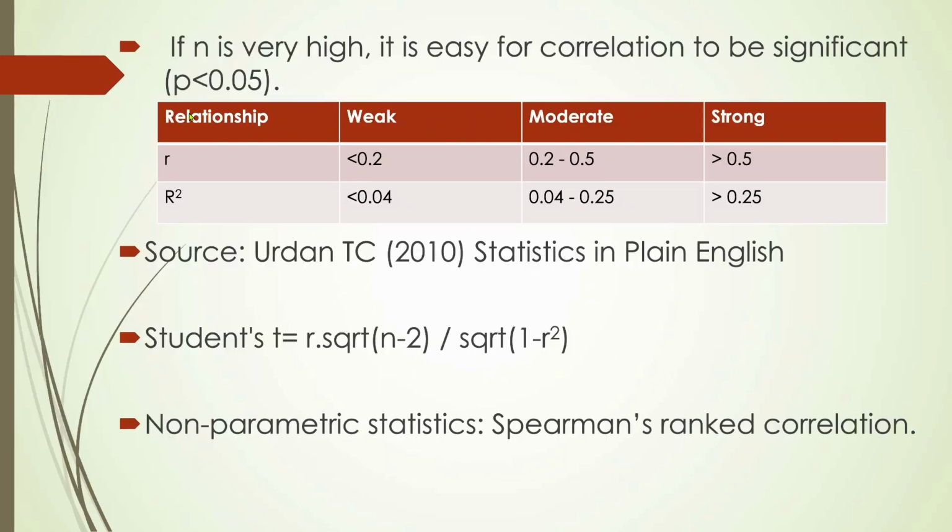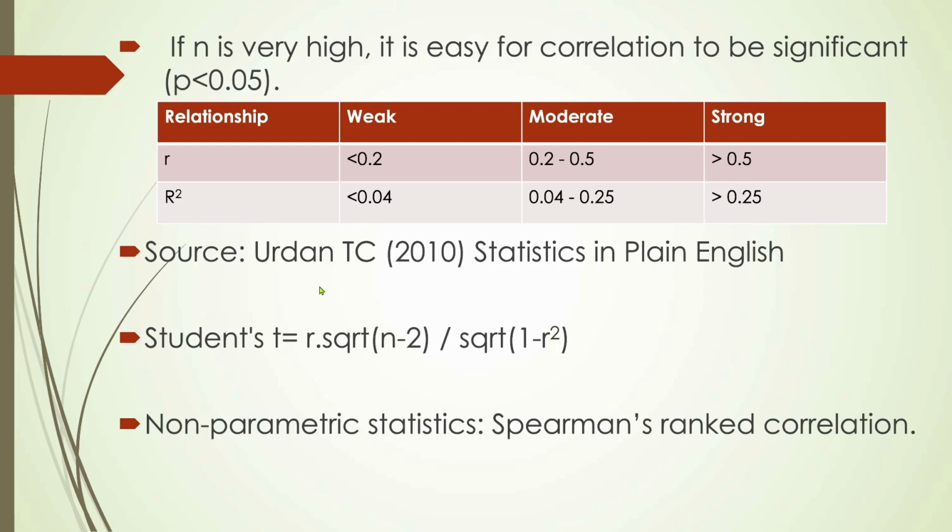In correlation analysis, when the number of samples used is high, maybe more than 30, then it becomes easier for the correlation to be significant. Therefore, you may use the table here as a guide to determine the strength of your correlation, especially when the number of samples is high. You'll have R squared values for when the relationship is considered weak, moderate, and strong.